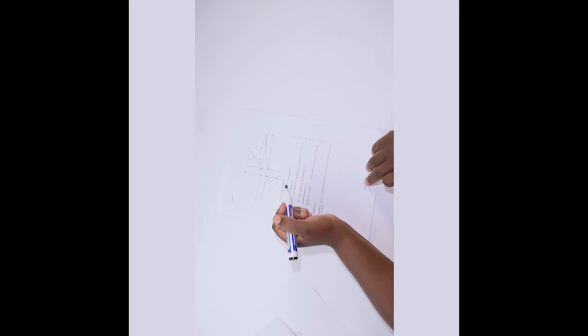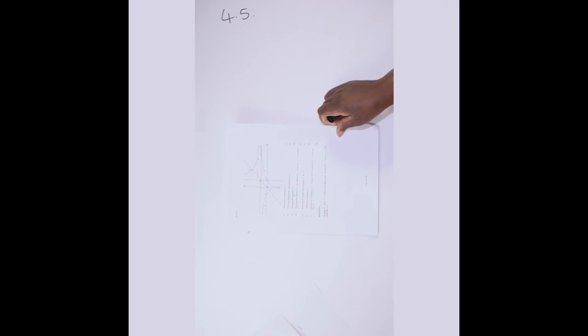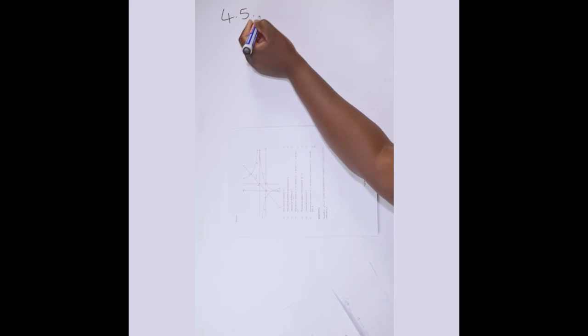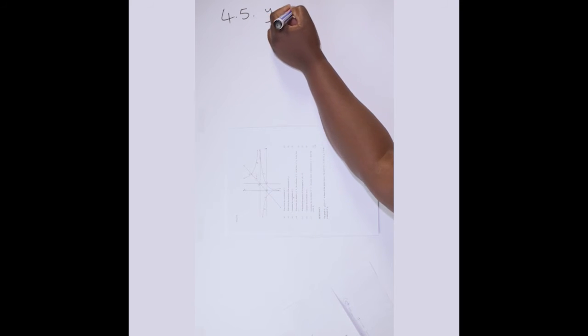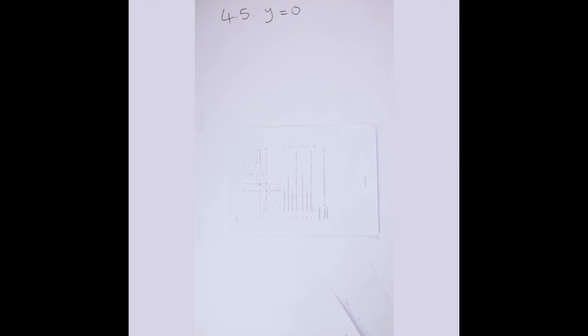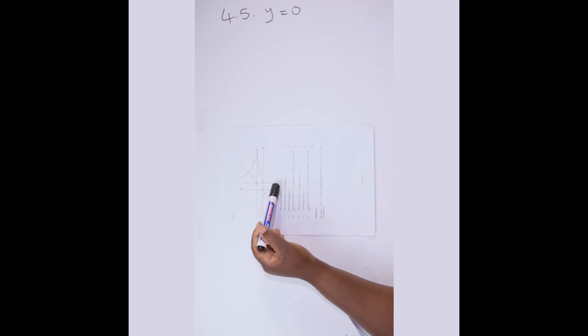Now, for the equation of the asymptote of h, we are in 4.5, so let's write that down. The asymptote therefore will be y equals 0. It is y equals 0 because we are dealing with x minus 3 and it does not really have another asymptote than that one.